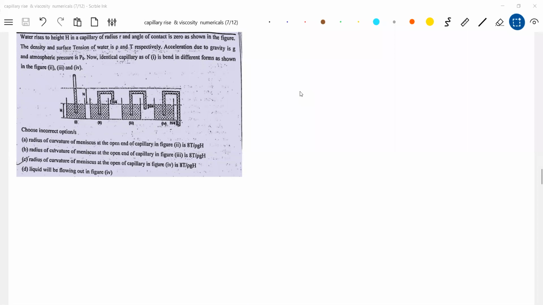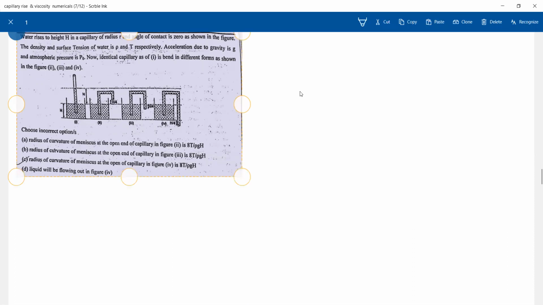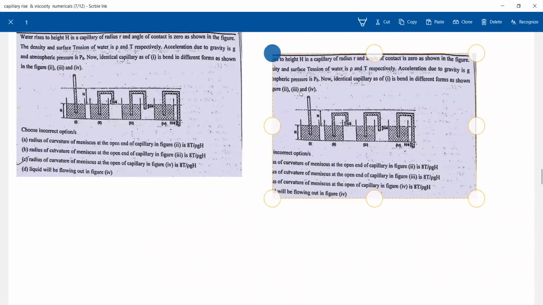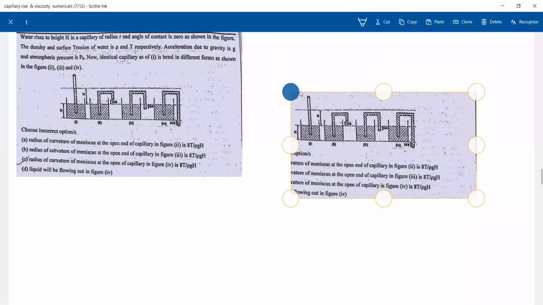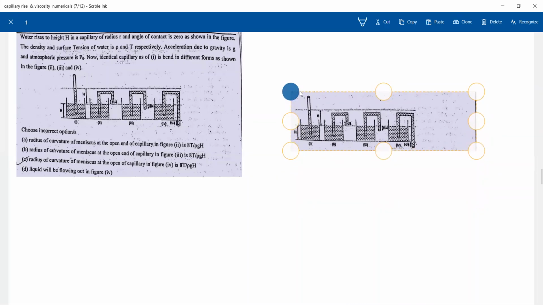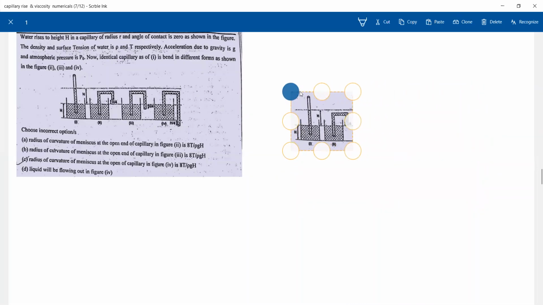Attach the diagram here only. First, let me explain this part.